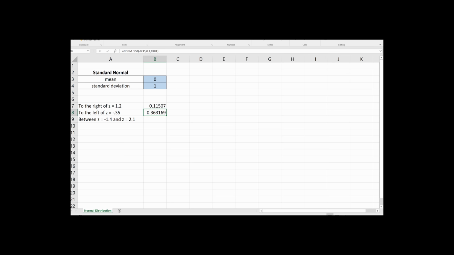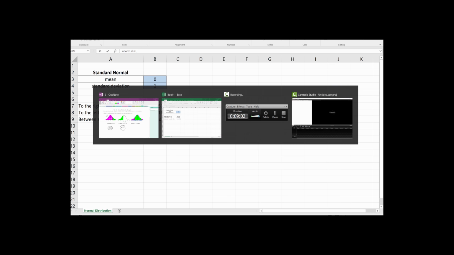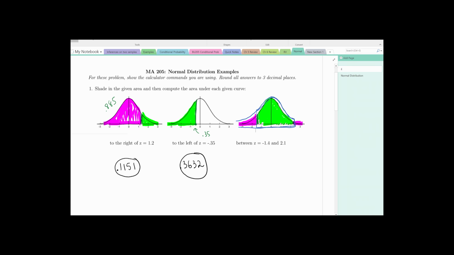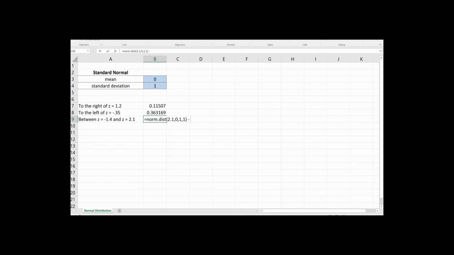Okay, so what I'm going to do here is the following. I'm going to first find the probability, or the area under the curve, up to 2.1: 2.1, 0, 1, true, and then subtract the area under the curve up to negative 1.4.